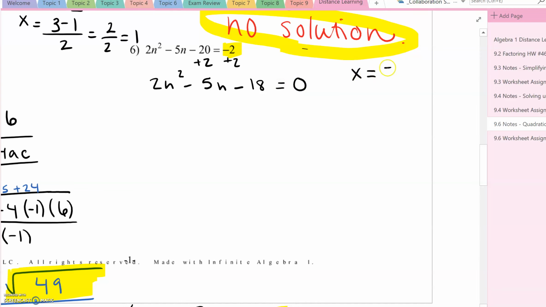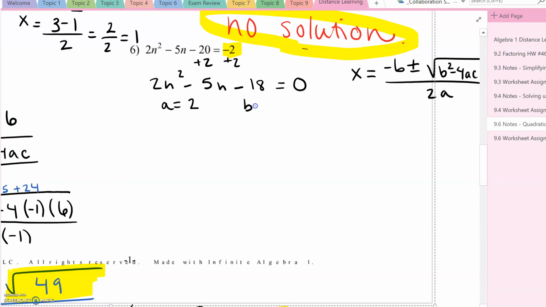Don't forget our quadratic formula. And let's label our a, b's, and c's. So a is the number in front of the n squared, so a is 2. B is the number in front of the n, so b is negative 5. And c is the number by itself, so c is negative 18.